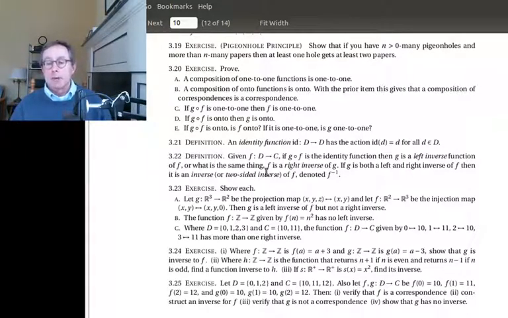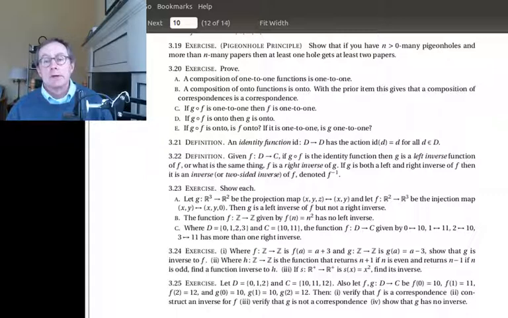So let me give A a whack and see how it goes. Okay, so let's see. The first definition is that the identity function is the one that has the action where the identity function on a domain element just simply returns that domain element. So it acts in some sense like multiplication by 1, or it acts like addition with 0, in that it in some sense doesn't do anything.